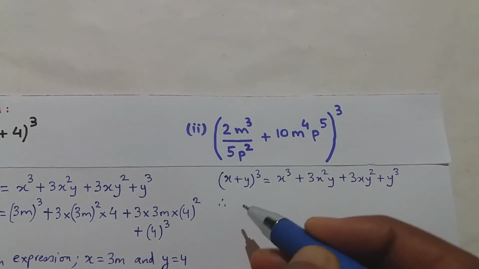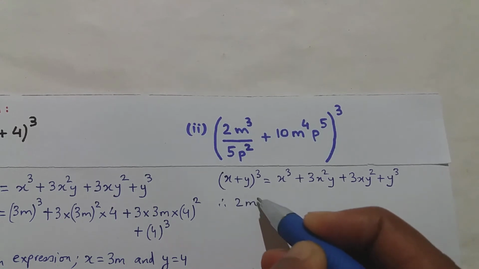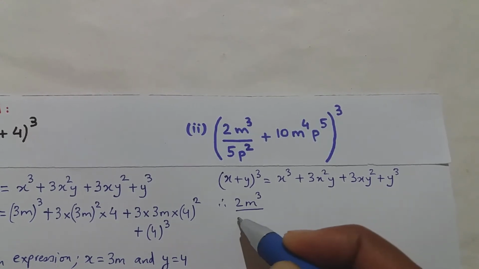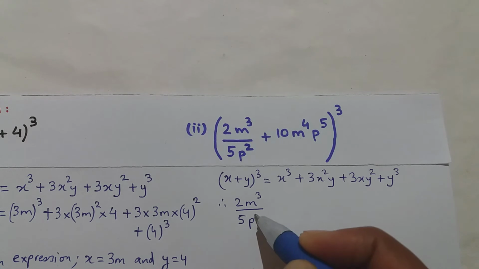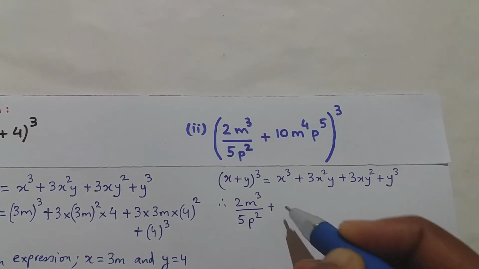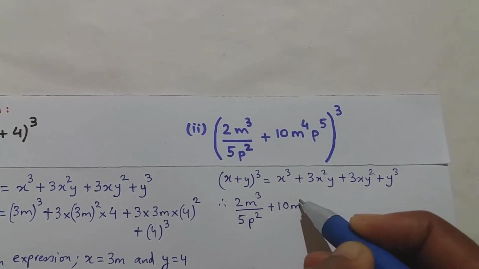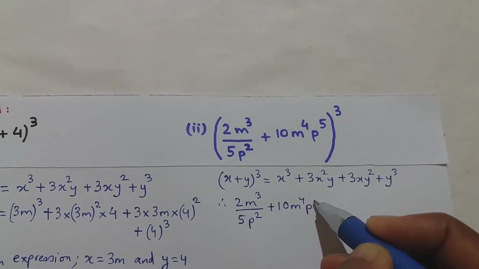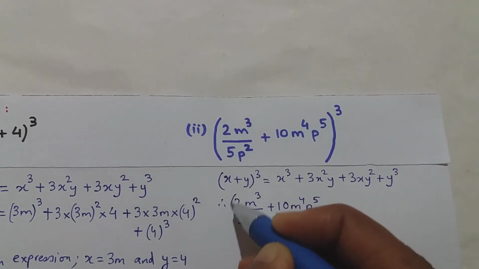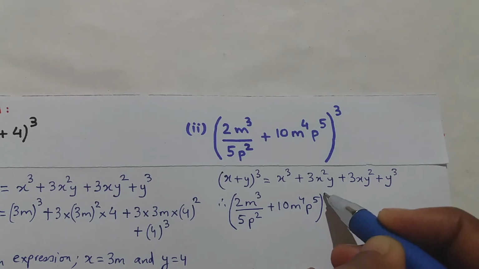So therefore (2m cube upon 5p square plus 10m to the power 4 p to the power 5) whole cube.